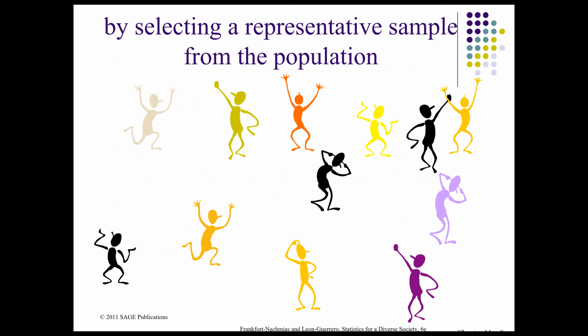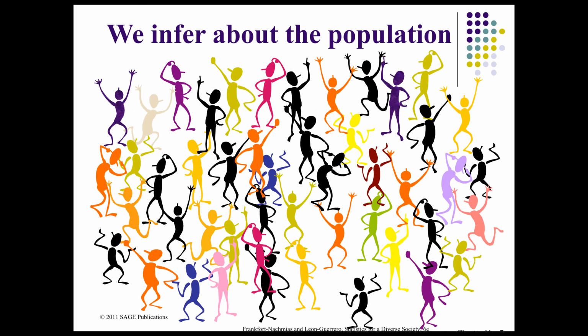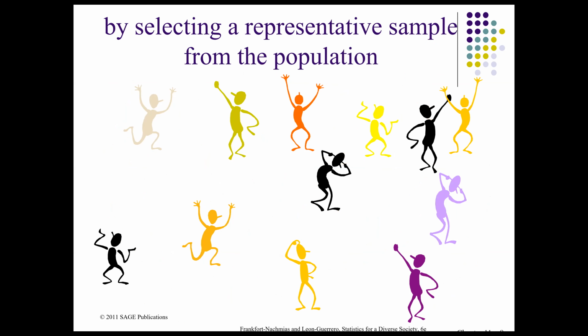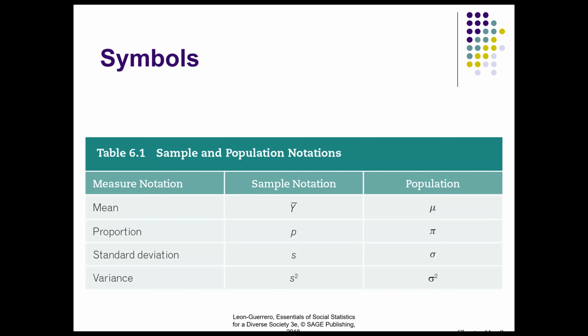So we take a sample of a few people from the population. But again, the goal is that we're inferring, okay? We're making an educated guess using data. We're inferring about the population with information that comes from a representative sample, okay?